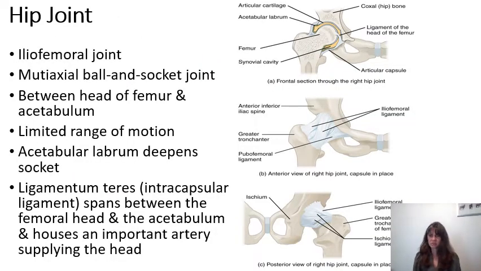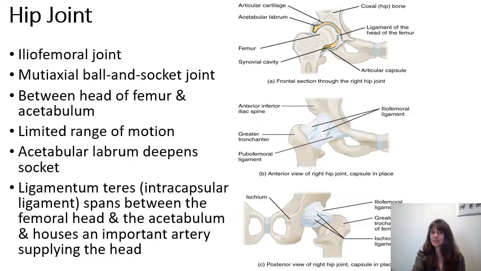The iliofemoral joint, your hip joint, is a multi-axial, which means it moves in different directions, different axes, multi-axial synovial ball and socket joint. Remember, always stick the word synovial in if you're using structural terms. This iliofemoral joint is formed by the head of the femur and the acetabulum of the coxal bone.